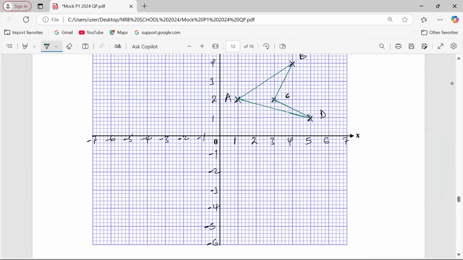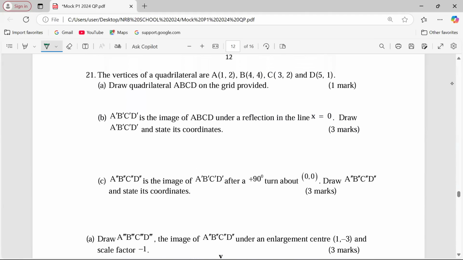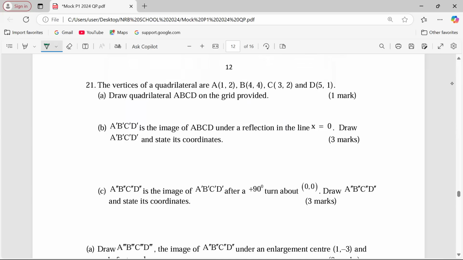We proceed to part B of this question, which tells us that A prime, B prime, C prime, D prime is the image of A, B, C, D in a reflection in the line X equals 0. Draw A prime, B prime, C prime, D prime, and state its coordinates.